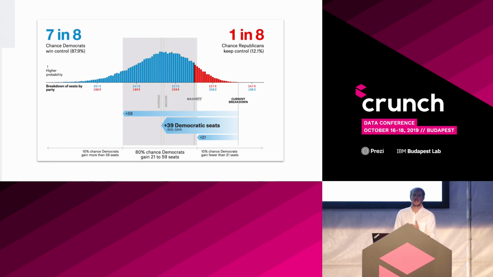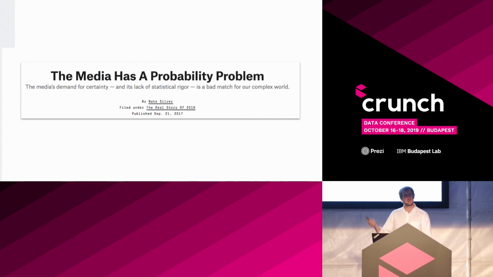And when these things don't get interpreted that well, people often get frustrated. So this was Nate Silver's response to the 2016 election, which was to say, hey, the media doesn't understand probabilities. You can read this article and decide for yourself if that's the case. But that's often the way we think about it: we want this nuance to be reflected in our work, and when it's not, it can be frustrating or challenging.